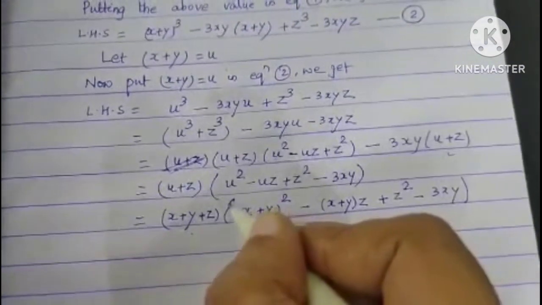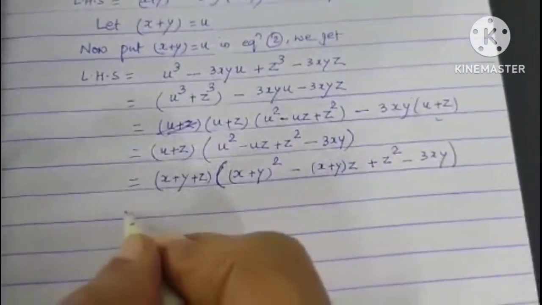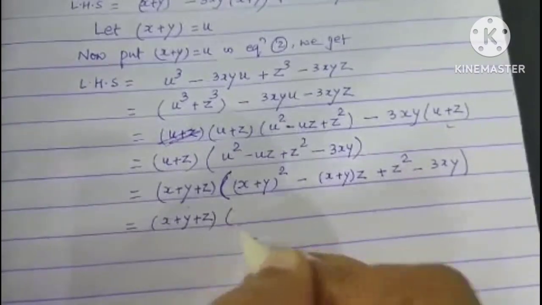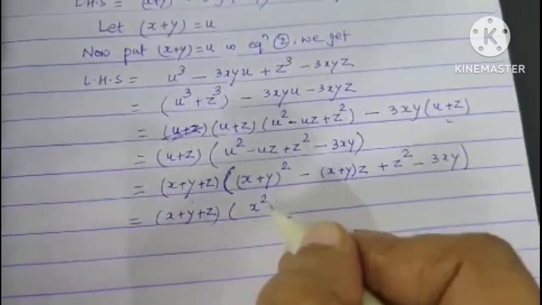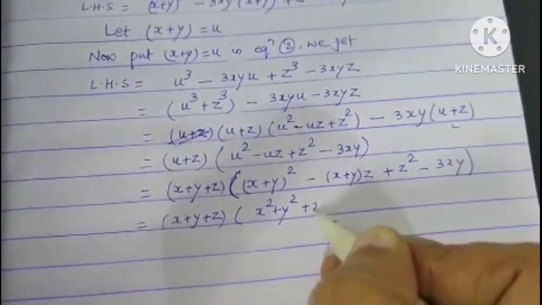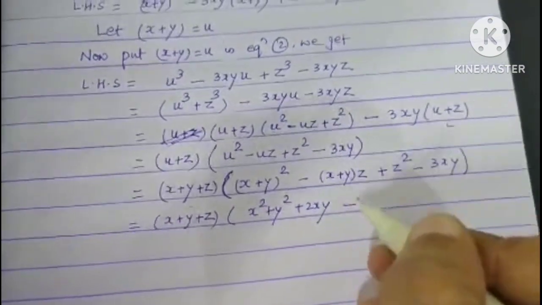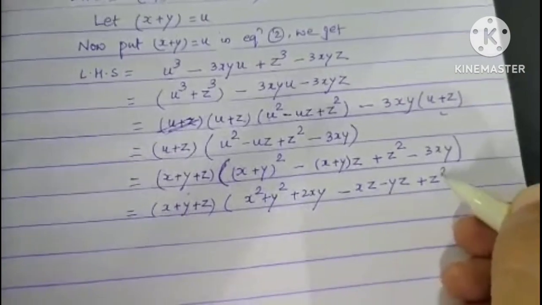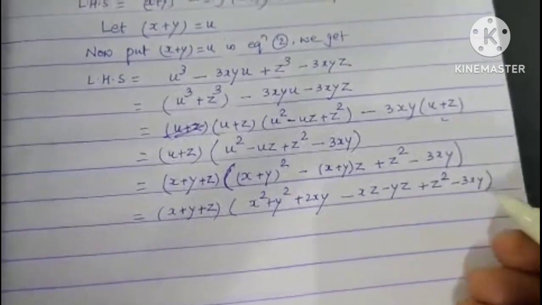Big bracket here. Now it will become x plus y plus z, and let us break this one: x square plus y square plus 2xy minus xz minus yz plus z square minus 3xy.